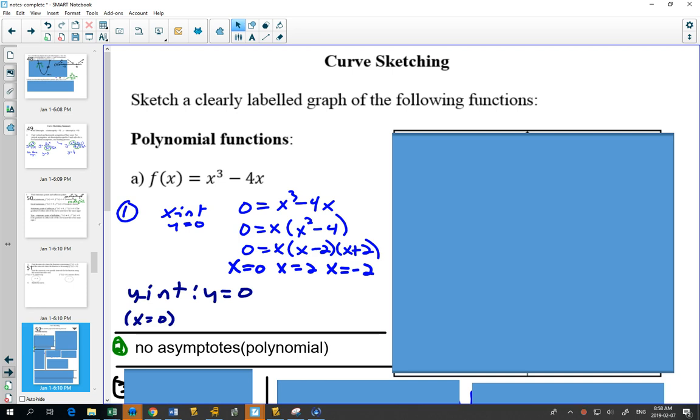So if I was doing this question for someone and I wanted to curve sketch it quickly, I'd just skip step 2 because in my head I'd say, yeah, there's none. But it's still part of the process of thinking. Are there non-permissible values? Are there any asymptotes? So this, 1 and 2, that's review from grade 12. That's all stuff that you knew before. How to find x-intercepts, y-intercepts, how to find asymptotes.